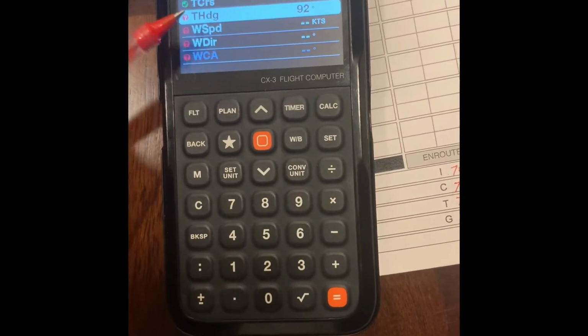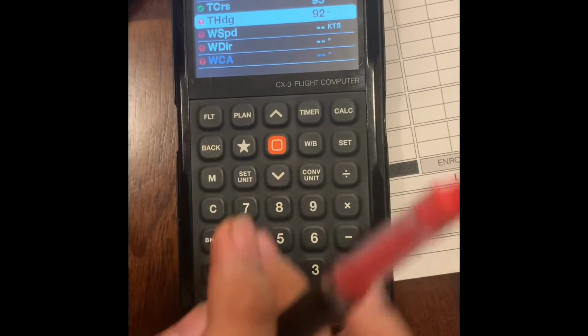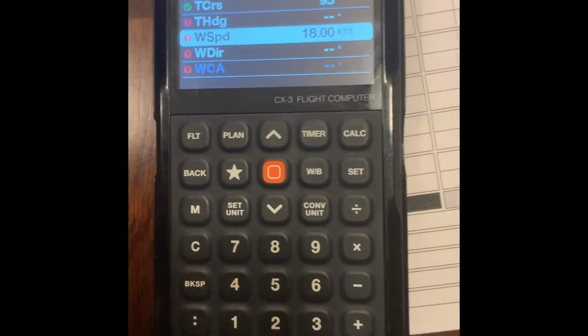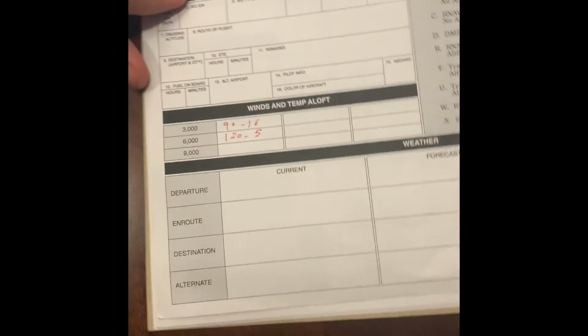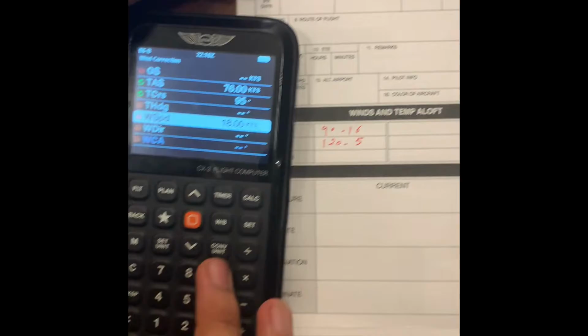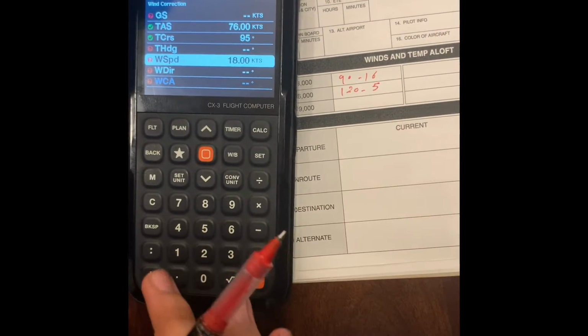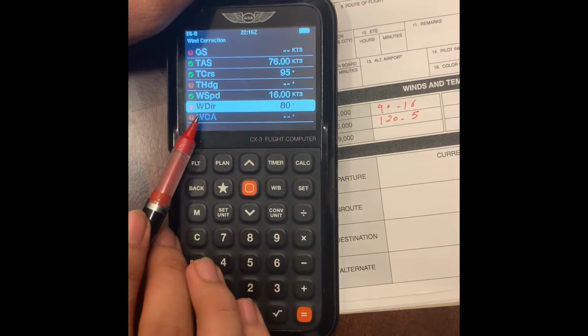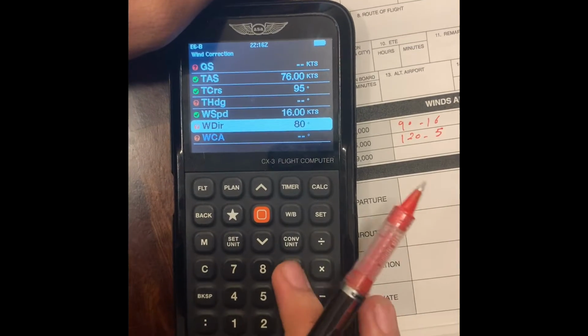We're looking for the true heading, so don't put anything in here. Okay, the wind speed. Let's go back here and look at what's our wind speed and direction. At about 3,500, it's about 90. So wind speed is 16, and wind direction is 90.